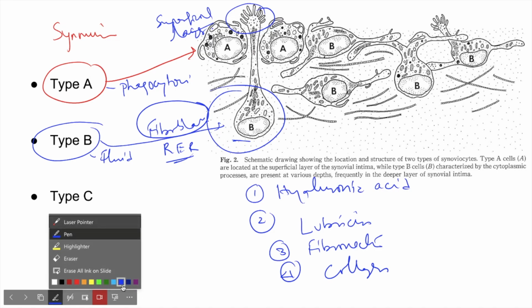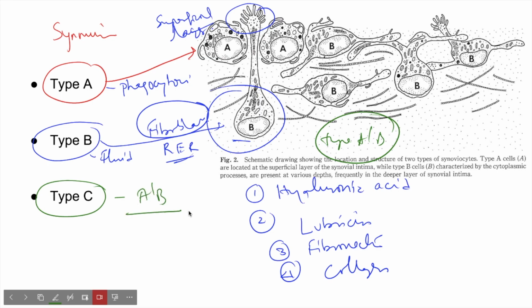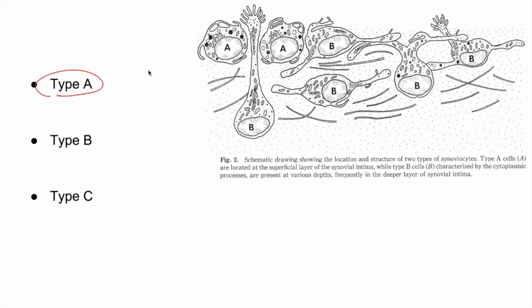Type C cells are intermediate cells and we don't know what their actual function is, and they may serve as a multipotent precursor to type A or type B cells. So type A is a macrophage type of cell which helps in phagocytosis.